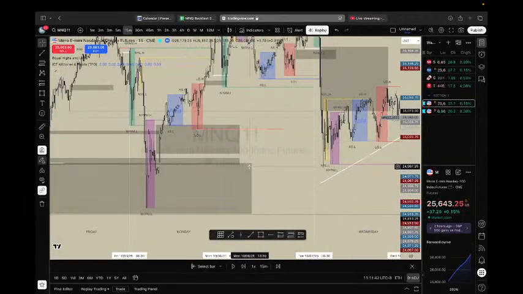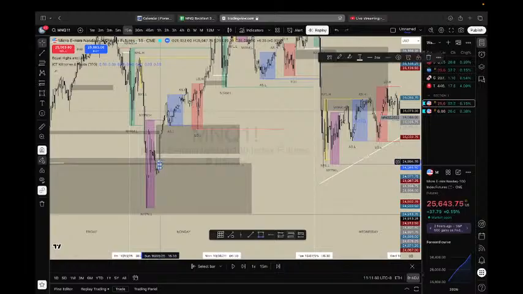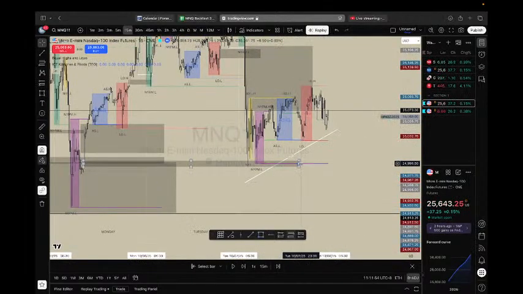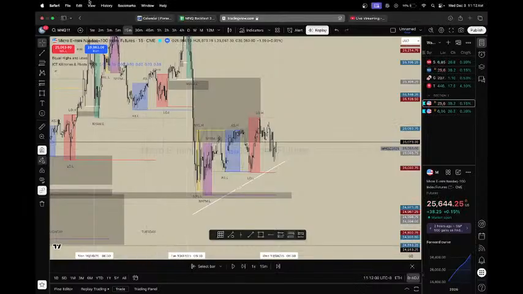We also have this gap in time. Look at this gap right here. This will also be a key point for us. Gap right there, more lows, more lows. We'll see what price wants to do.